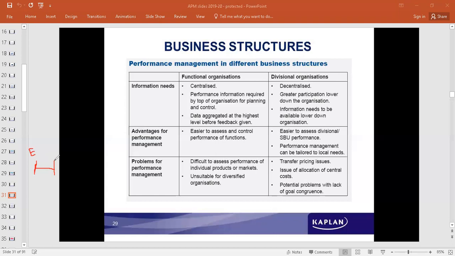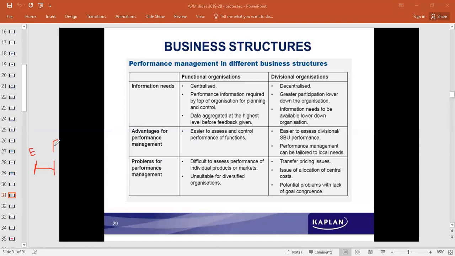Still, the manager or the management is ultimately in control of the organization. Everything is under their control, but some kind of grouping of the activities is done based on the functions. Maybe all production activities are grouped as the production function, then administration function, selling, distribution, etc. Okay, so then we call this a functional organization.